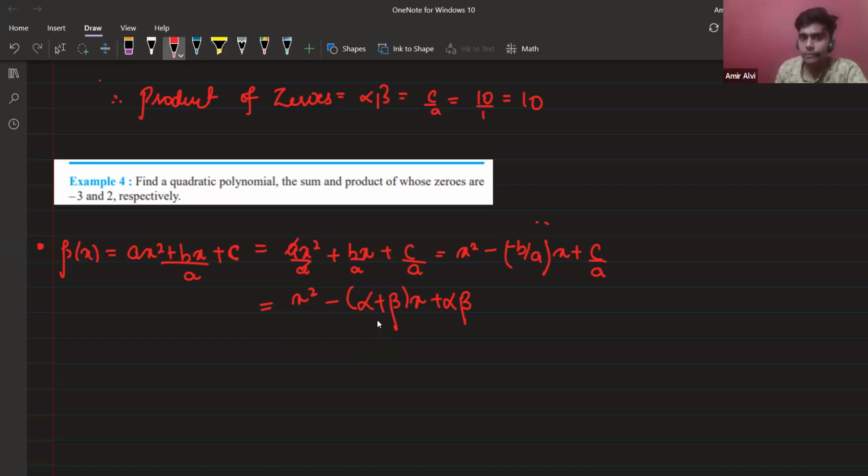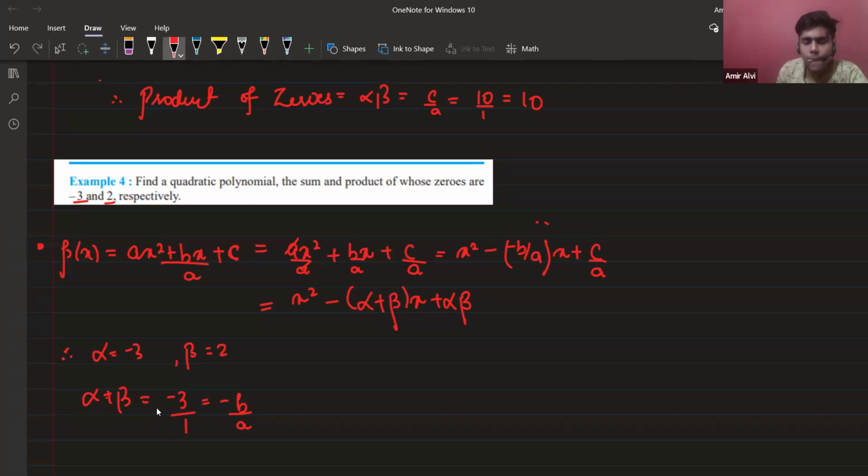Now we have the general equation in terms of alpha beta. Now, dear, tell me, let's take this as alpha, this as beta. Now alpha plus beta is equal to minus 3, which is equal to minus of b by a.